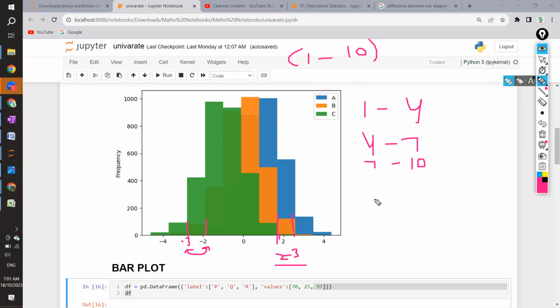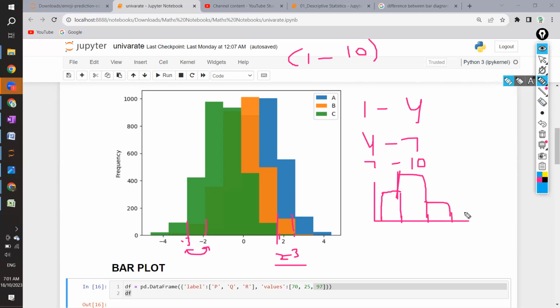Roughly, the first bin will be 1 to 4, then 4 to 7, and 7 to 10, and you might have something like this.